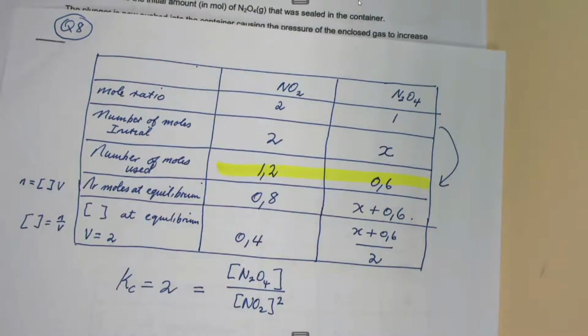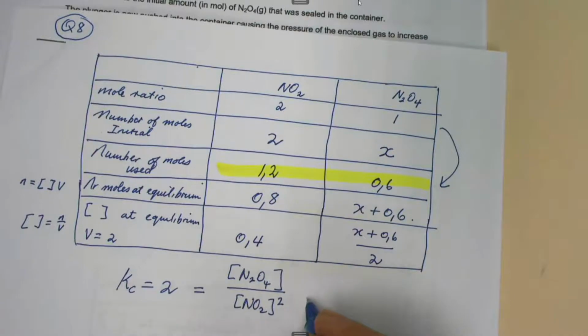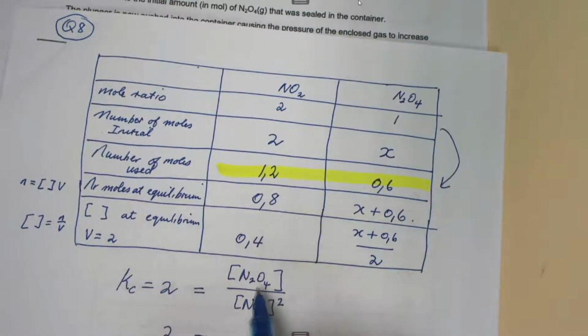Okay, and now I can substitute, and I can say that 2 is equal to X plus 0.6 over 2, divided by 0.4, which I will square.